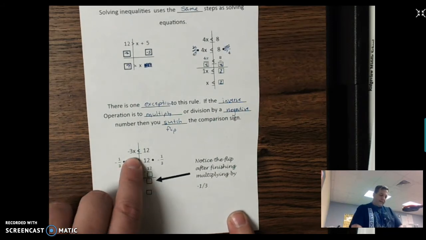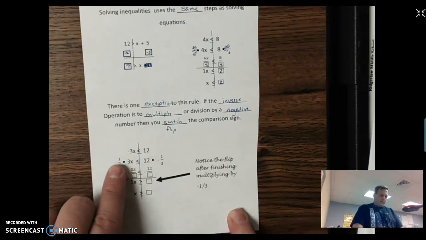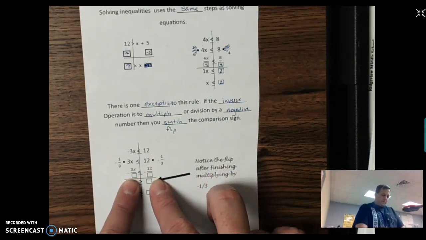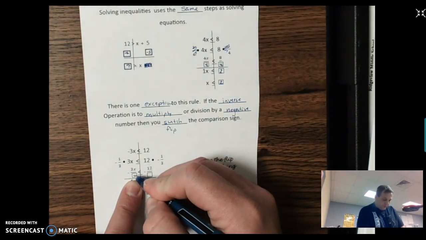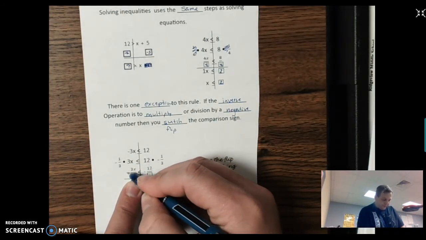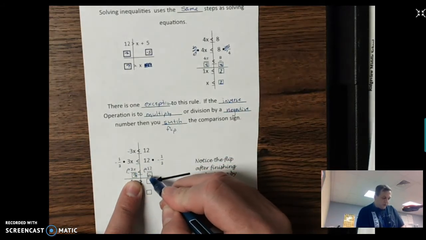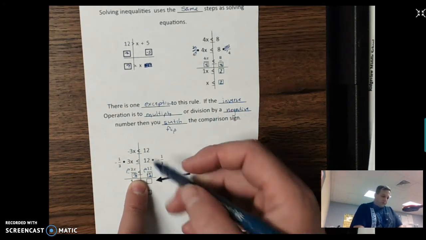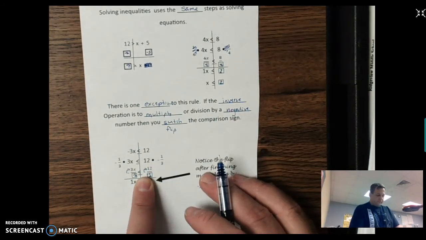Negative 3 times x is less than or equal to 12. Okay? Again, that was there just so you could see it. But we're going to jump down here and we're going to divide by negative 3. This should actually be up here. I'm not sure why I put it down there. We're going to divide both sides by negative 3. So negative 3 divided by negative 3 is 1, and we have 1 times x.